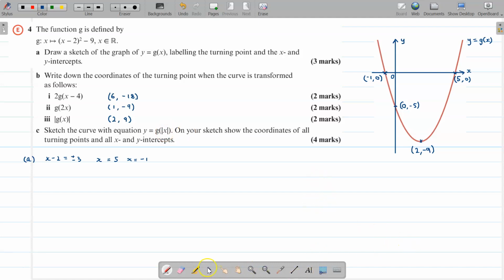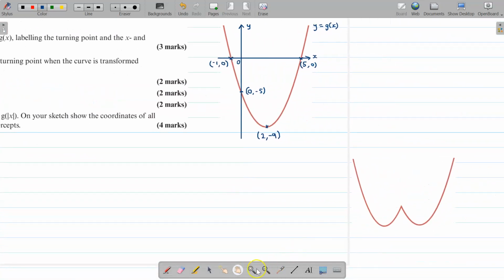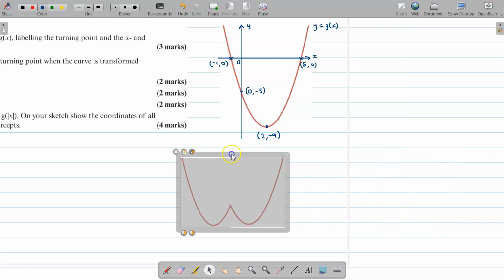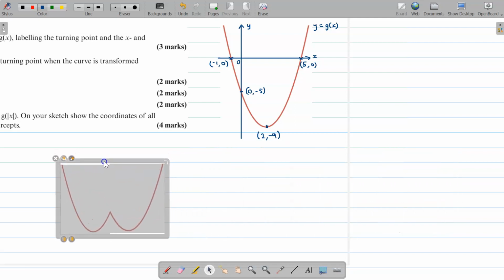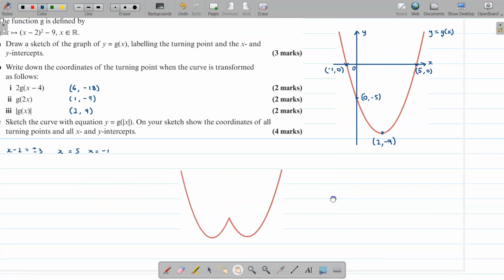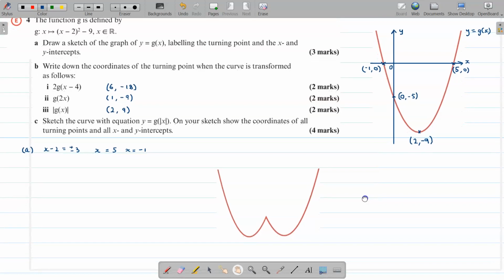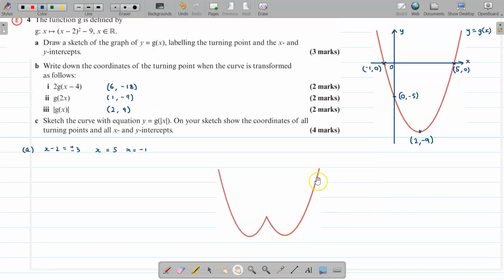I've already done this earlier, but I'll just bring it across from here. So it's hidden away over here to save time. If I select this and bring it across here, we can put the axes in the appropriate places and discuss what's going on. So that is the function's basic shape, and as you can see, I've taken it to the point 0, negative 5, which is roughly here.